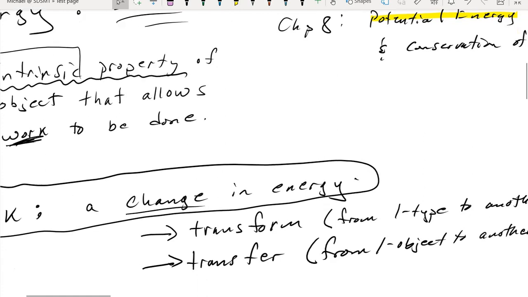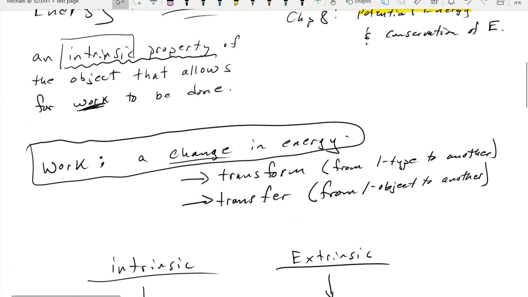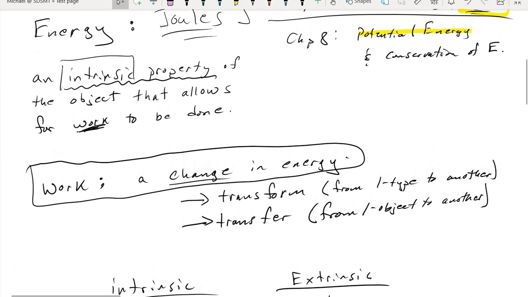So that still justifies the definition of work. Well, what about that term intrinsic? What does that mean? Well, intrinsic refers to internal. So this is some internal property of the object that allows for work to be done. Again, we're still kind of going in circles in terms of that definition.